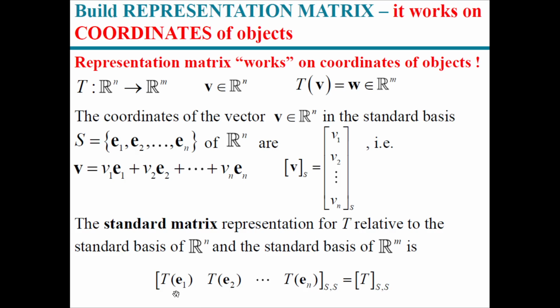The vector and its coordinates in the standard basis are the same, so I put simply the image here. So my standard matrix relative to the standard basis for inputs and the standard basis for outputs is simply the matrix where each column is the image of a standard basis vector from R^n.